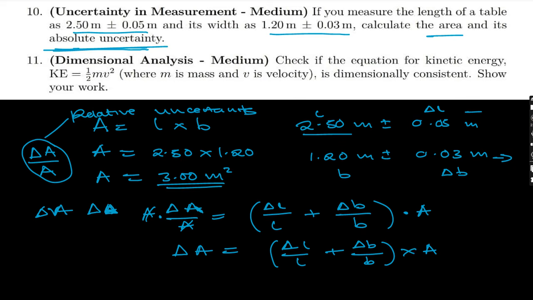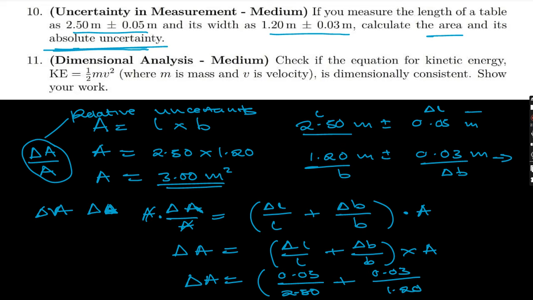Now replacing the given values in the formula, our delta L is 0.05 over our L, 2.50, plus our delta B, 0.03, over our B, 1.20. Then our area is what we found to be 3.